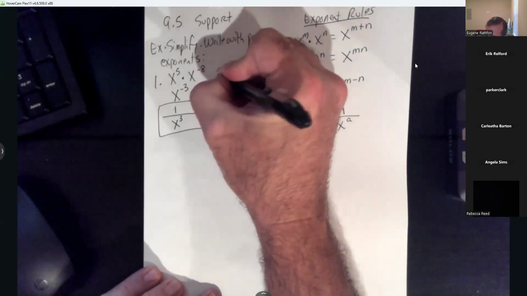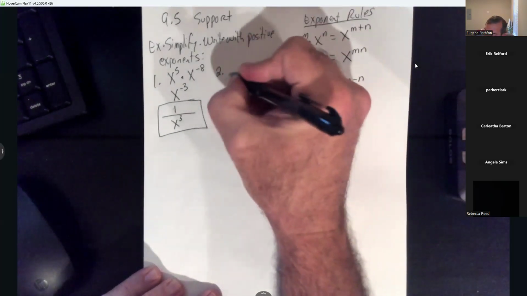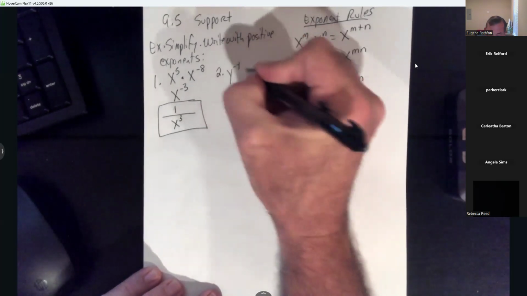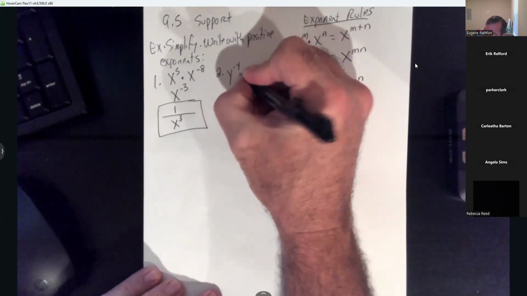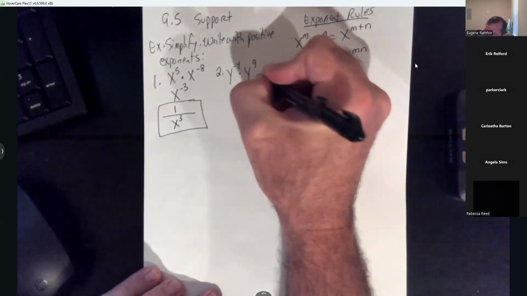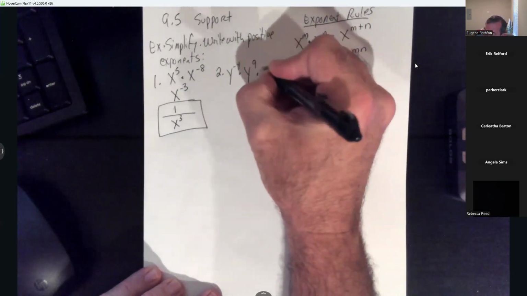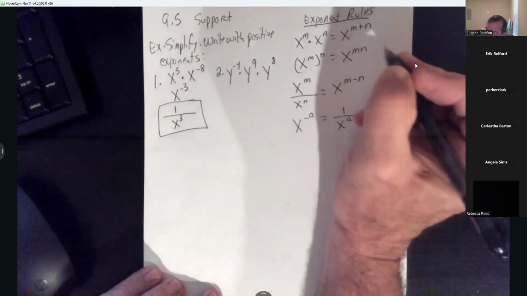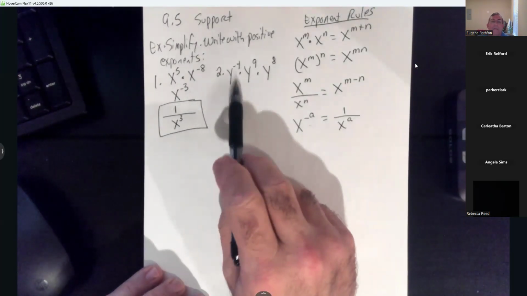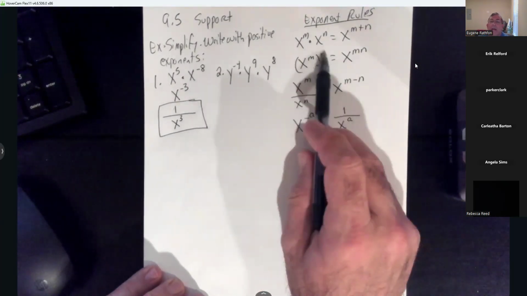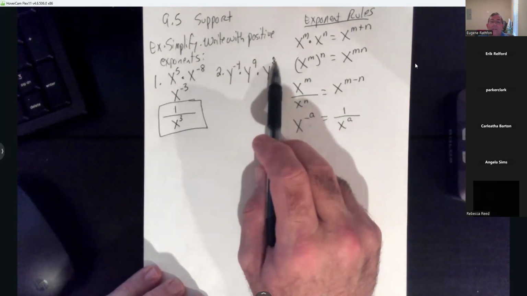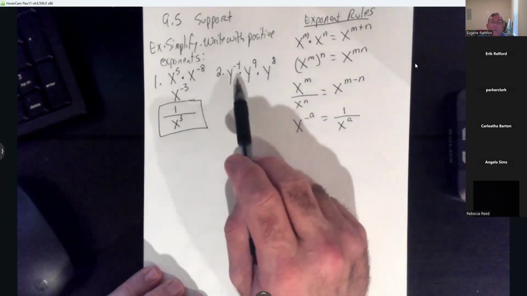Let's see number 2 here. Number 2 is y to the negative 4th times y to the 9th times y to the 8th. So y'all, they're all being multiplied, so I'm going to add all 3 of these exponents. So here's the question.